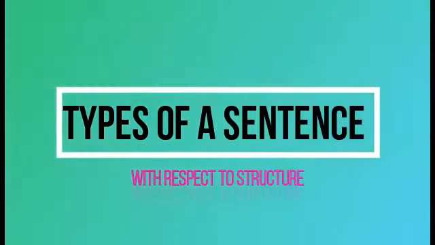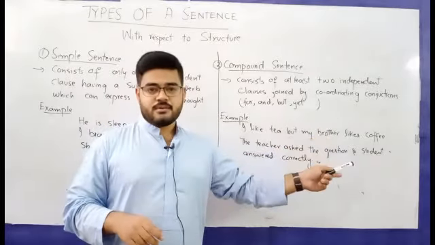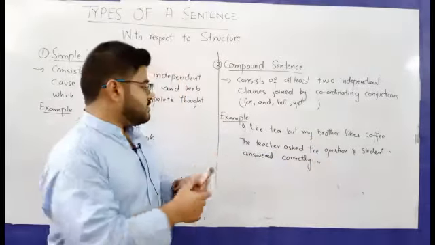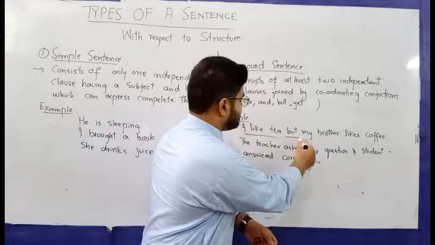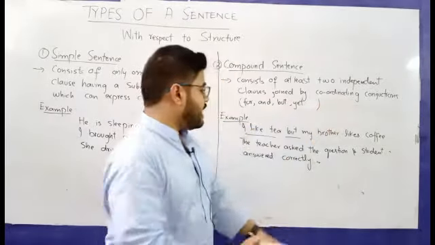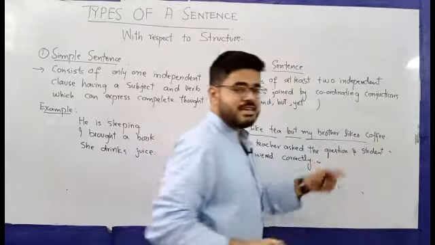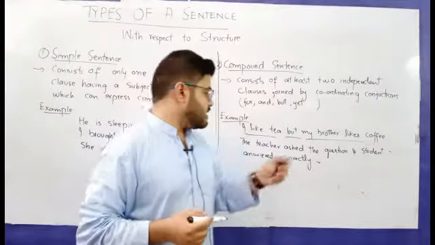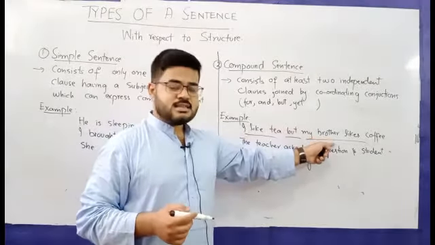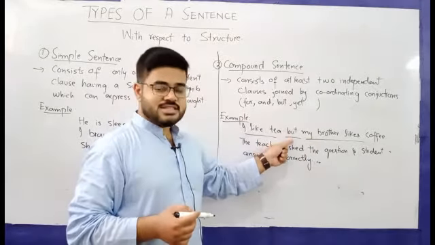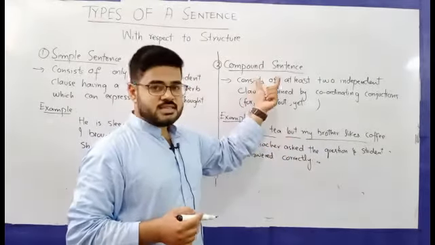And what are coordinating conjunctions? These words: for, and, but, yet. These words are called coordinating conjunctions. So let's come to the examples of a compound sentence. I like tea, but my brother likes coffee. I like tea is one clause, but is a coordinating conjunction, and my brother likes coffee is another clause. So there are two independent clauses joined by a coordinating conjunction, so it is called a compound sentence.